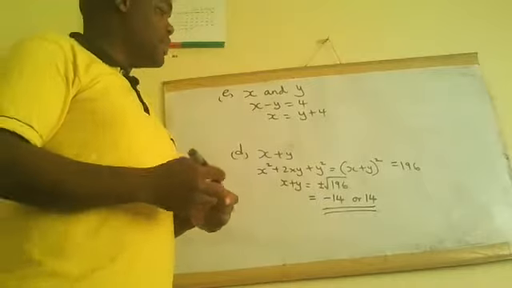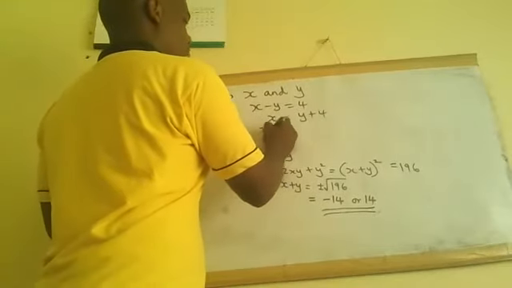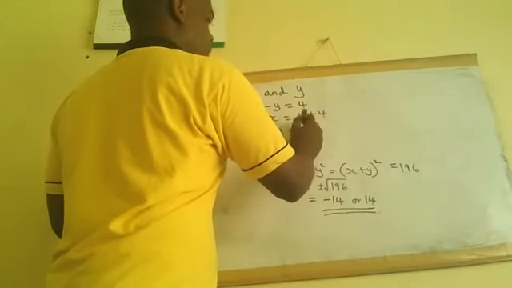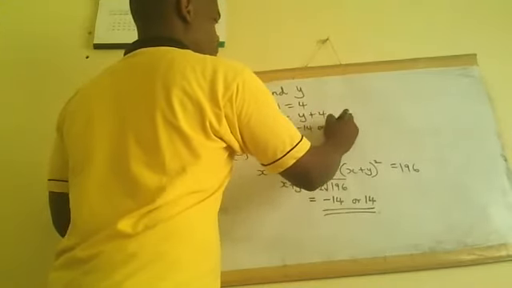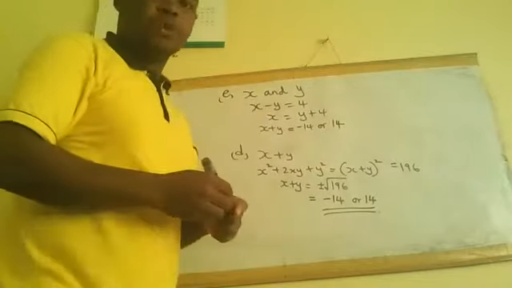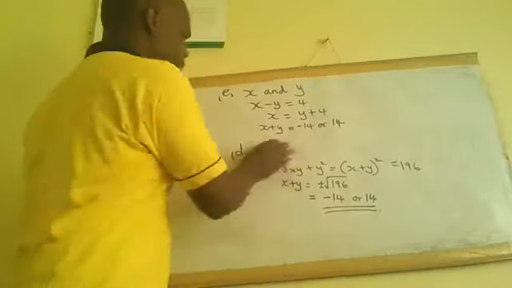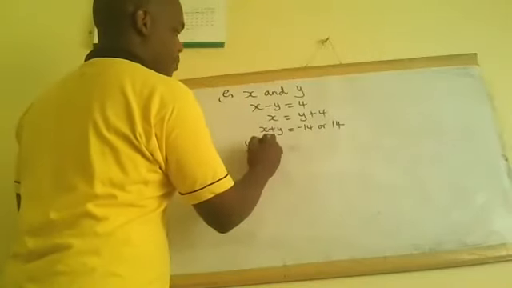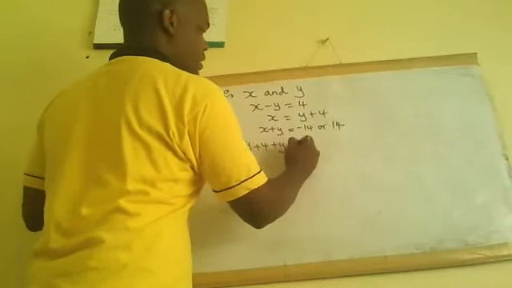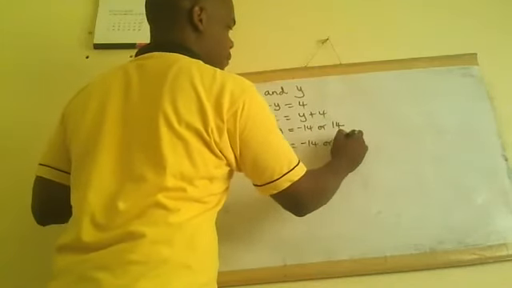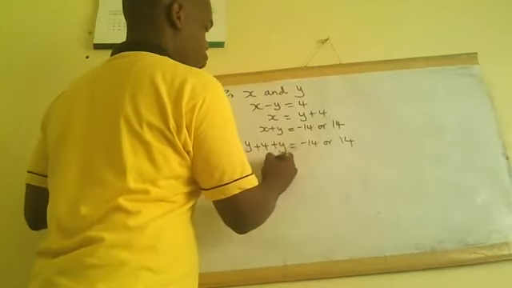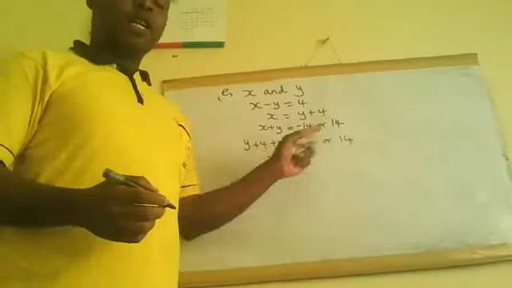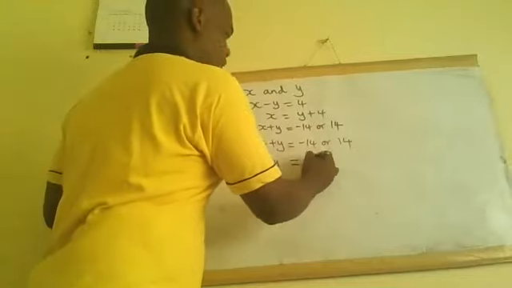So let me substitute it in this. x plus y is equal to negative 14 or 14. I want to substitute it in that equation there. So that means that y plus 4 plus y is equal to negative 14 or 14. So 2y is equal to, when you subtract 4 on this side, it will be negative 18.